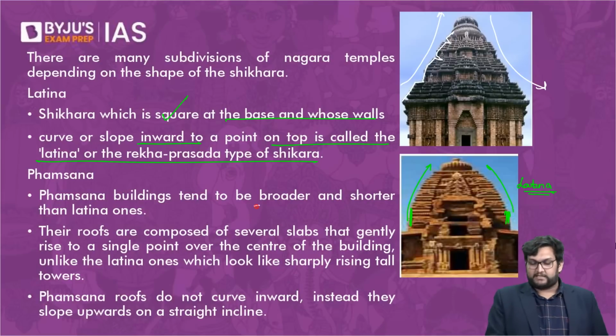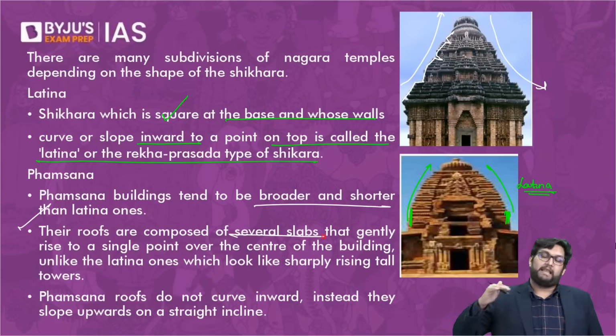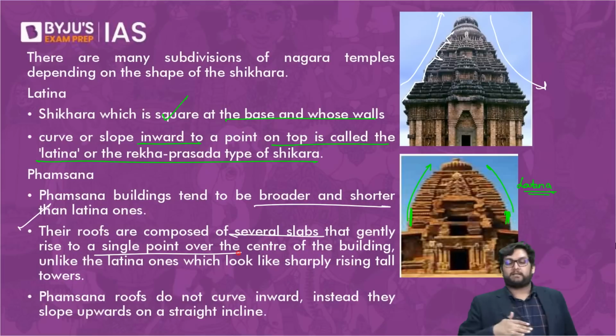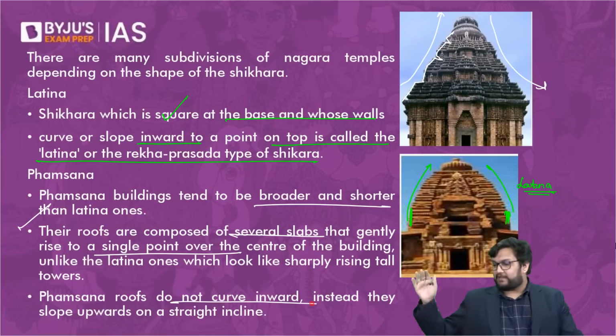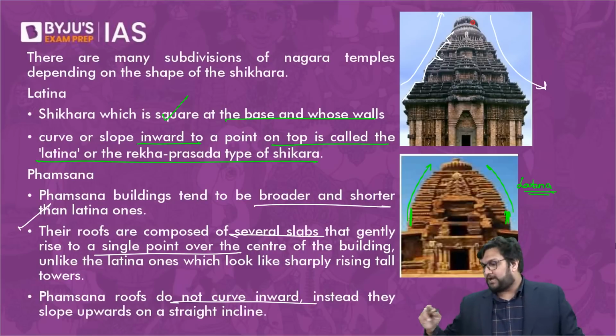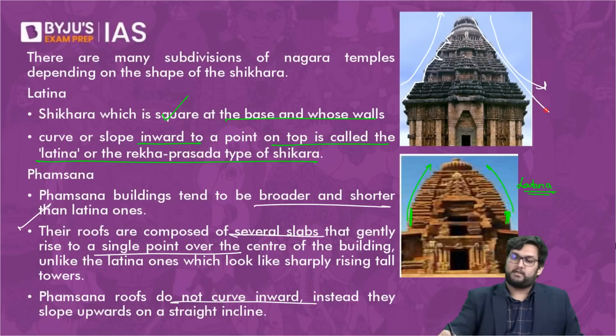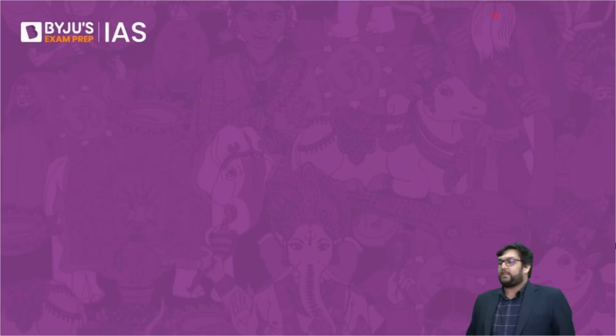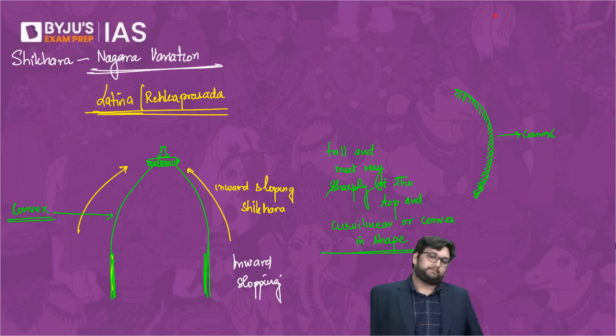Several slabs are gently placed to make a pyramidal structure, and it does not turn inward but outward, or is a straight line. Therefore, Latina and Famsana are exactly opposite to each other.